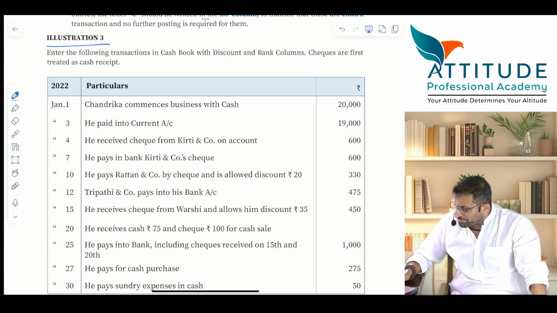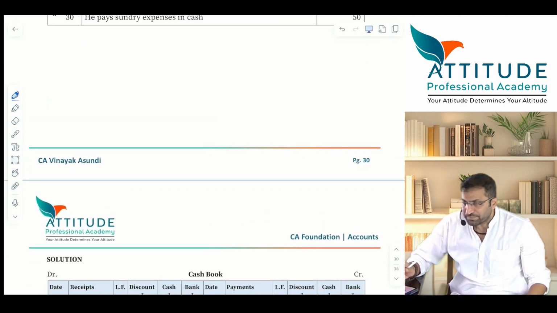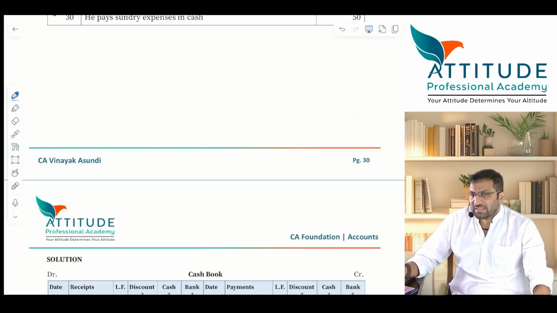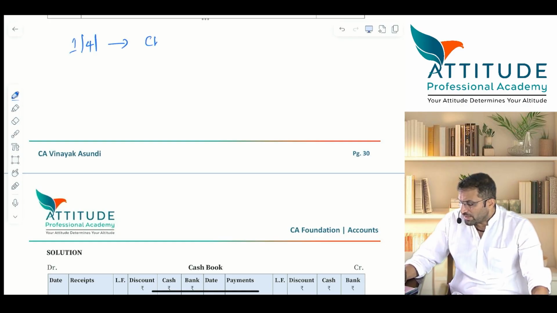Illustration 3. The following transactions in cash book with discount and bank column, checks are first treated as cash received. Now I'll ask you a question, please answer this. 1st April, check received from A, 100.